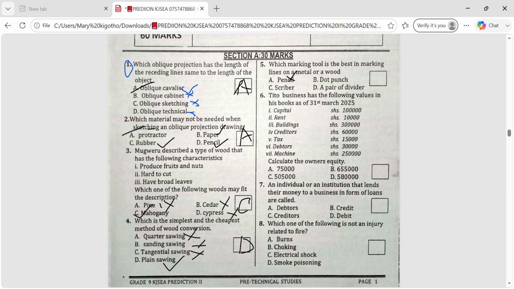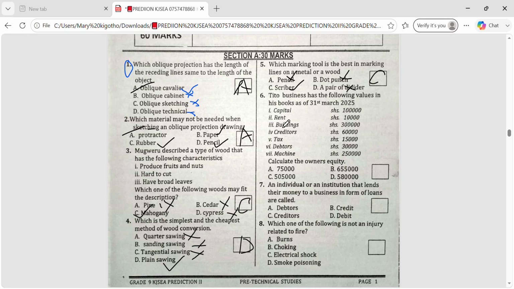What about a dot punch? That's for wood. What about a pair of dividers? No, it's still not the best. The best here is what is called a scriber. So the answer here is C.